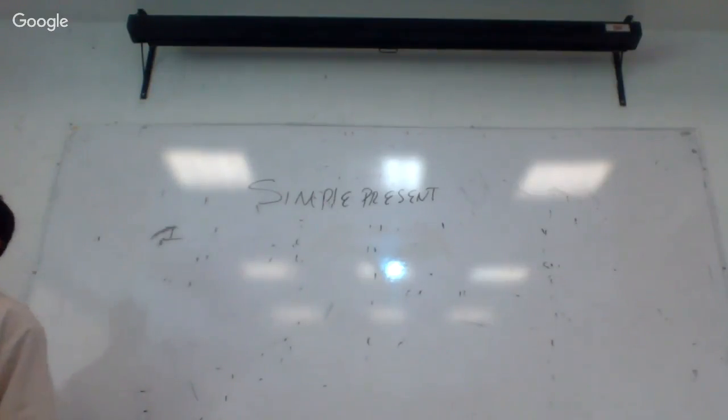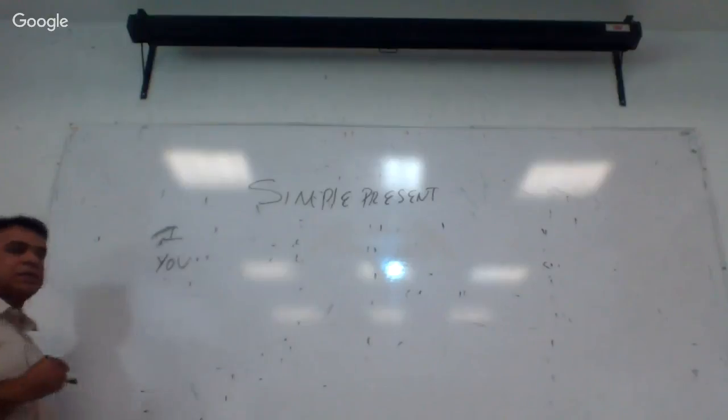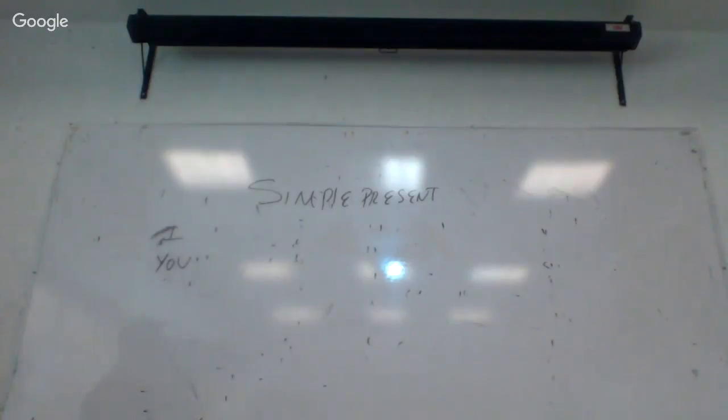It's necessary that you don't speak a lot of Spanish, but it's necessary that you understand the meaning of the pronouns. Number one is I. Yo. Next is you. Tú.